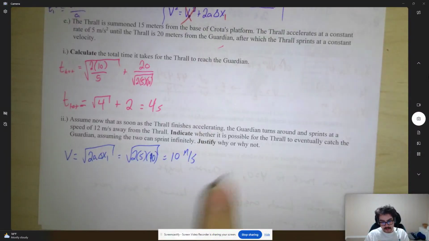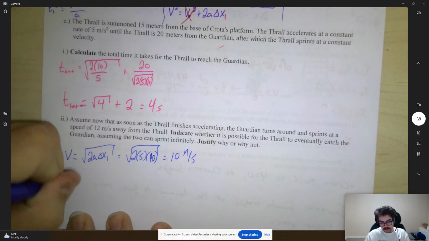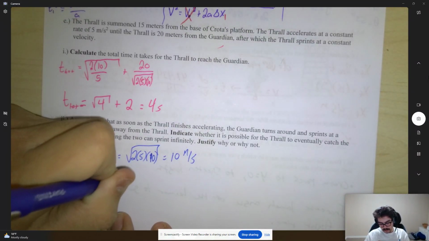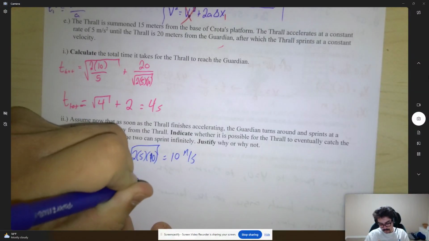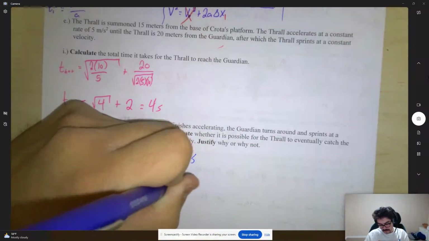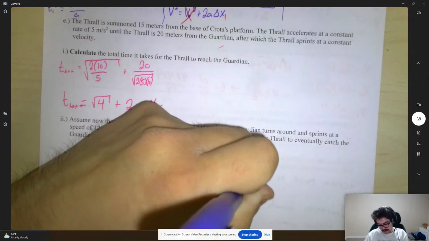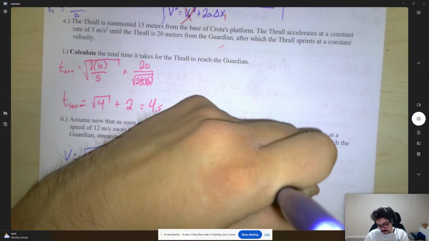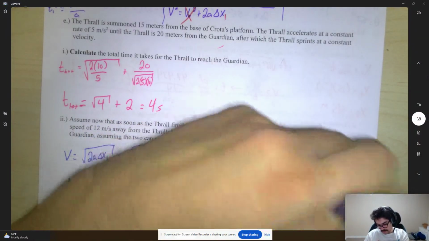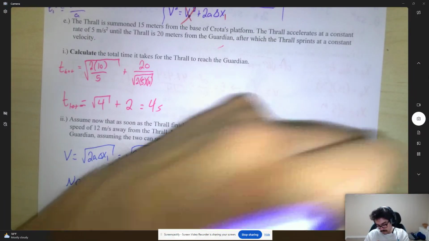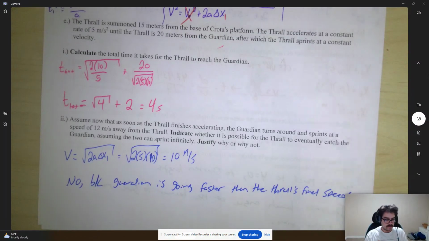It is not possible, so no, because the Guardian is going faster than the Thrall's final speed. Okay? So there's my explanation for that. Okay? All right.